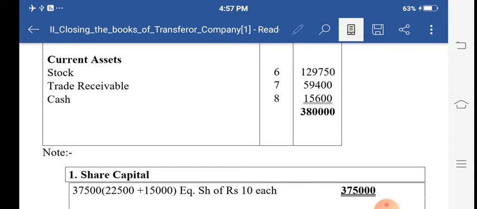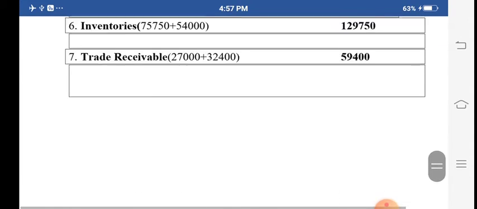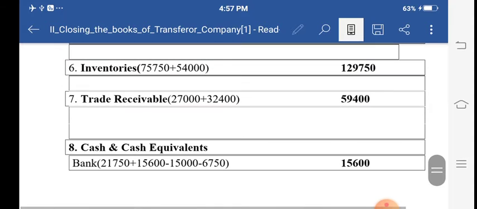Now this is cash, note number 8, which is the cash and cash equivalent. Cash at bank, the bank balance in the problem, is 21,750 for X Limited plus 15,600 for Y Limited, minus 15,000.